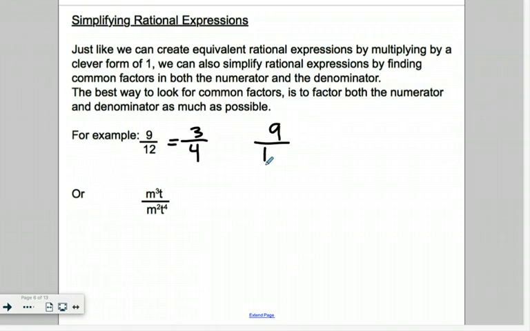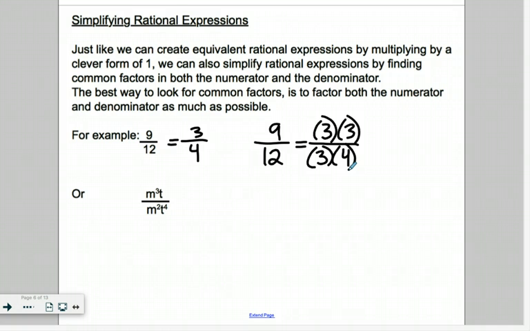Take 9 over 12. And yes, you realize that it's divisible by 3, but actually show how you factor the 3 out. Rewrite 9 with 3 as a factor. It's 3 times 3. Okay, we've rewritten 9 as 3 times 3. And because we know 3 is the common factor, we're also going to rewrite 12 using a factor of 3. 12 can be rewritten as 3 times 4.